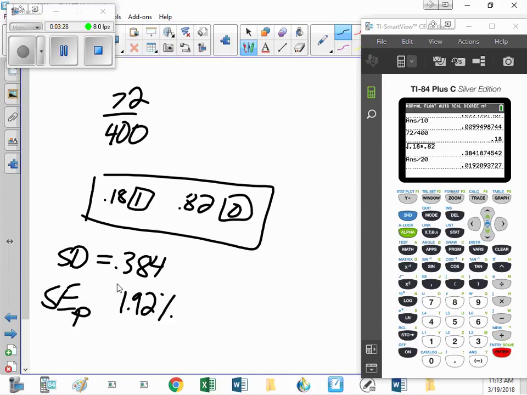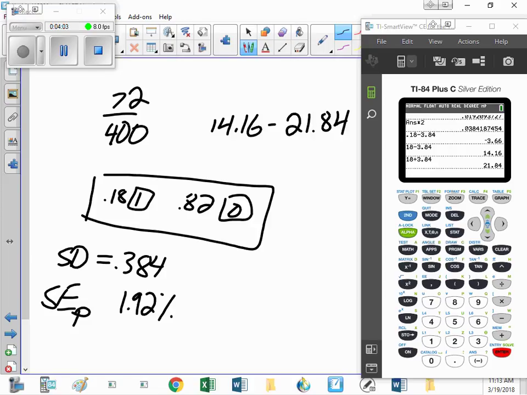And we want a 95% confidence interval. Double it. So 3.84. Yeah, it's supposed to be 18. There we go. So 18 plus or minus 3.84 gives me a confidence interval from 14.16 to 21.84.